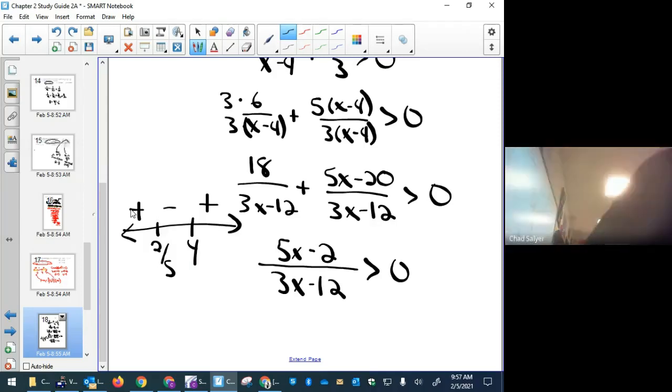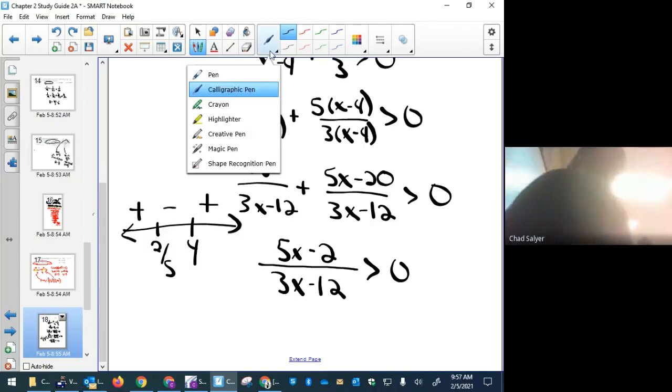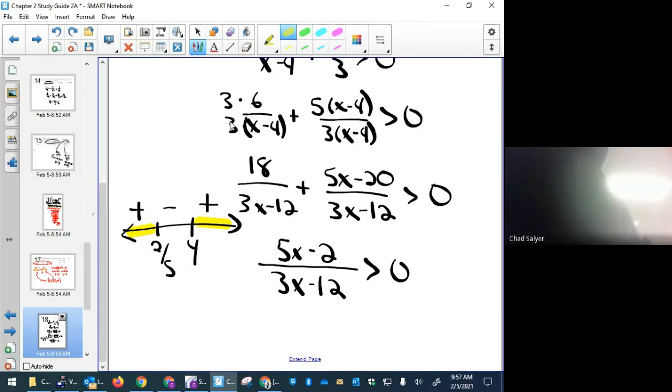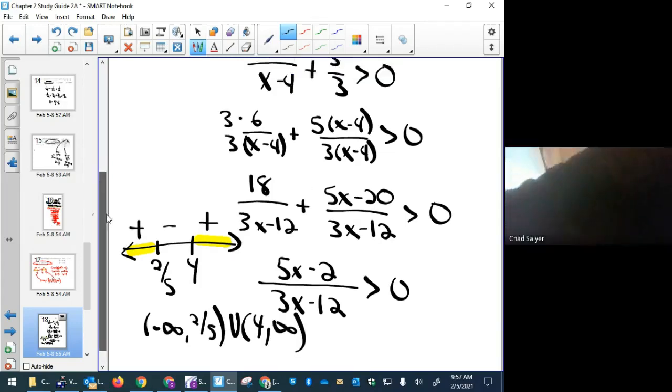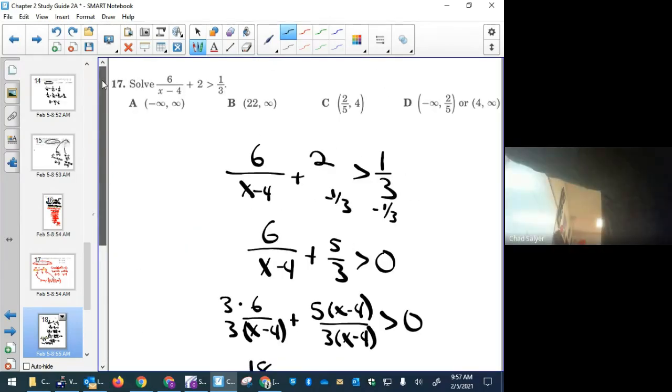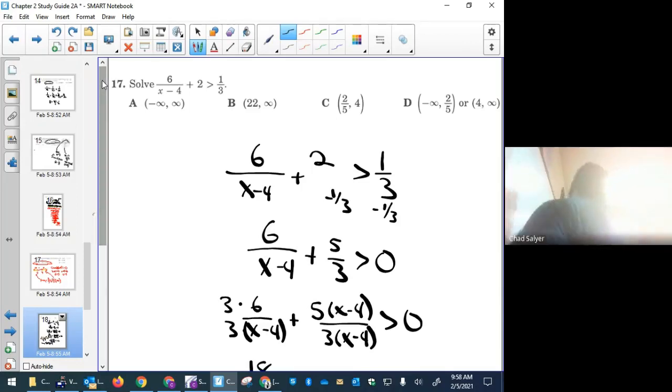So positive, negative, positive. Where is it greater than 0? Here and here. So x is from negative infinity to 2/5, and then from 4 to infinity. That's D as in delta.